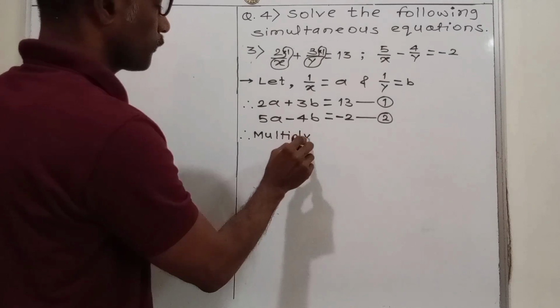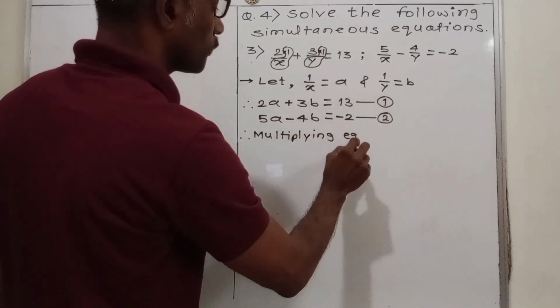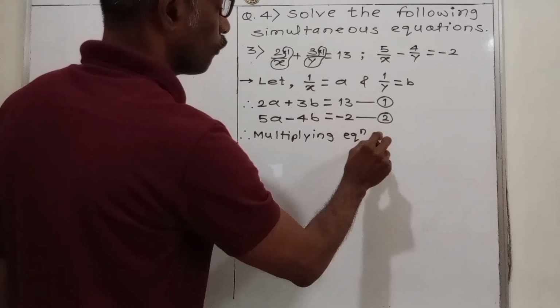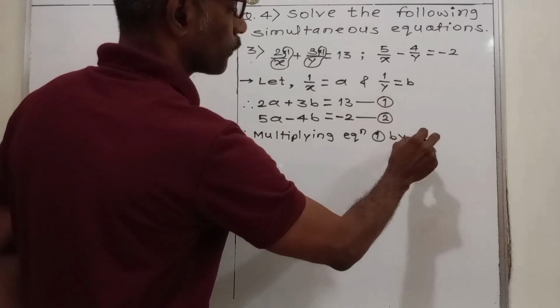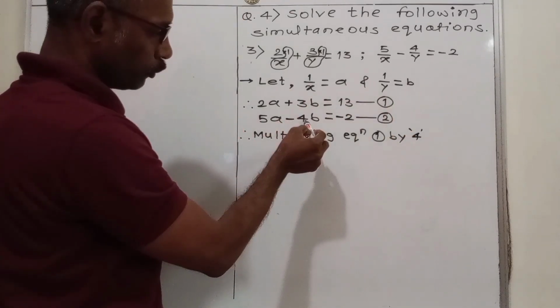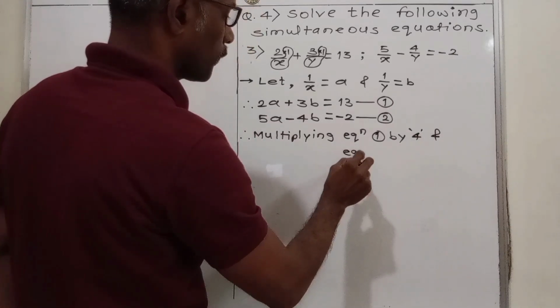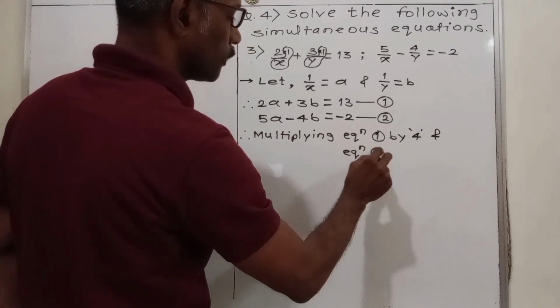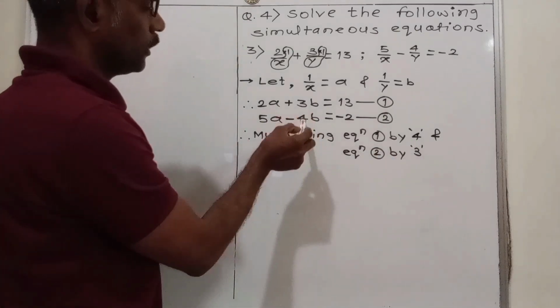Okay, therefore see here, multiplying equation 1 by 4 and equation 2 by 3.